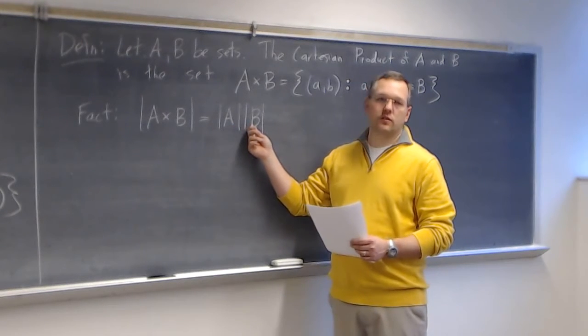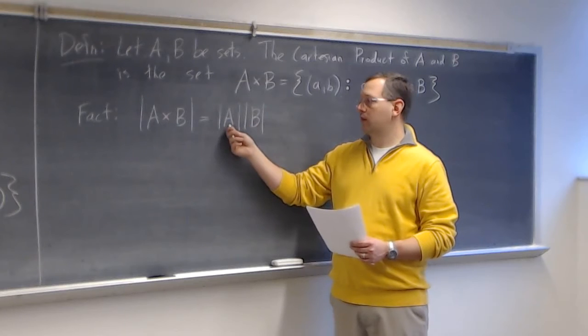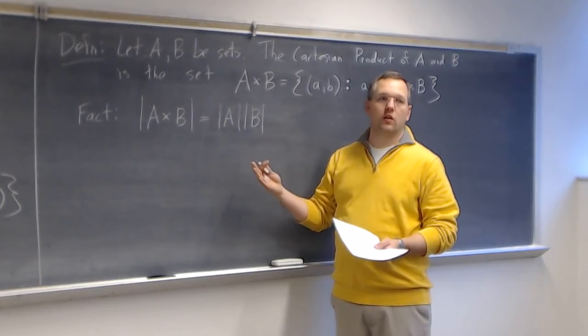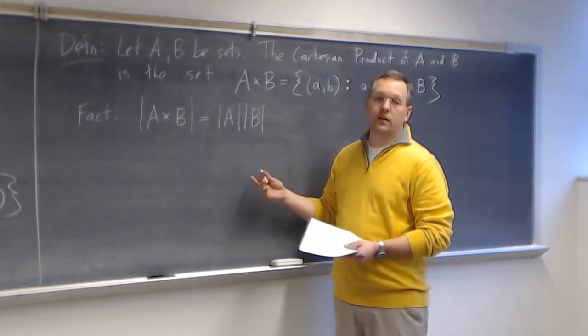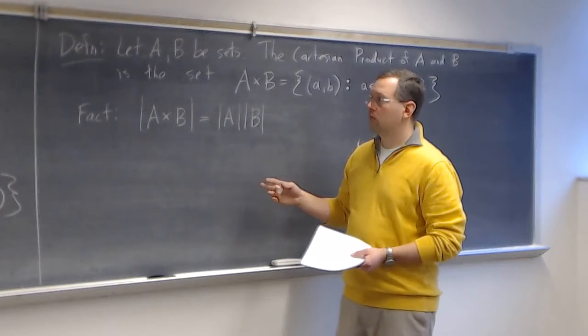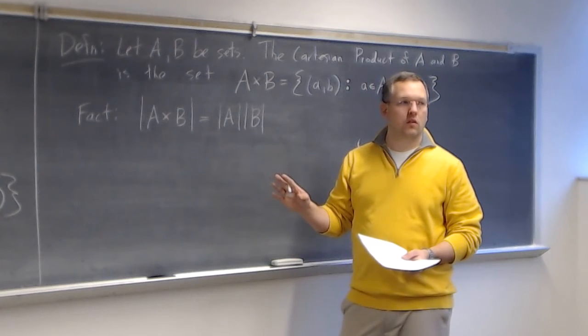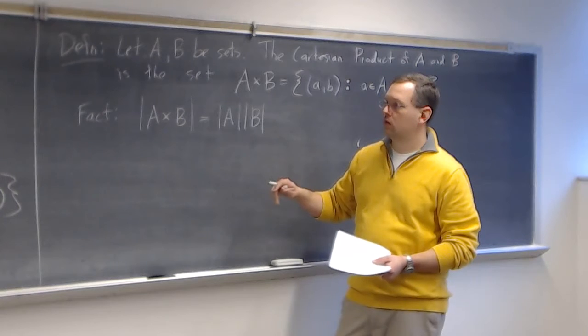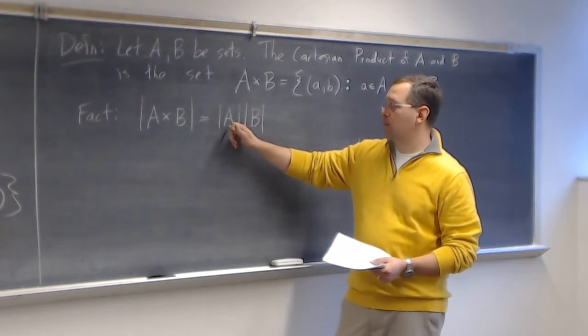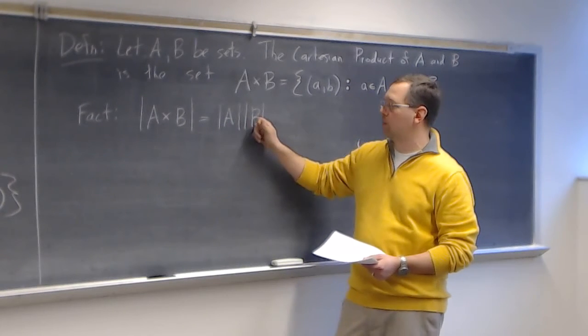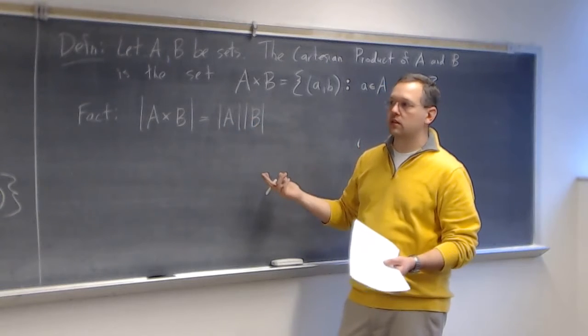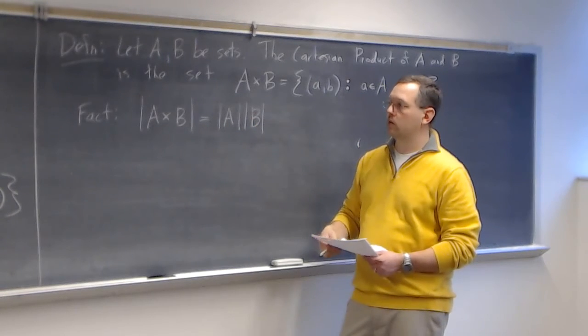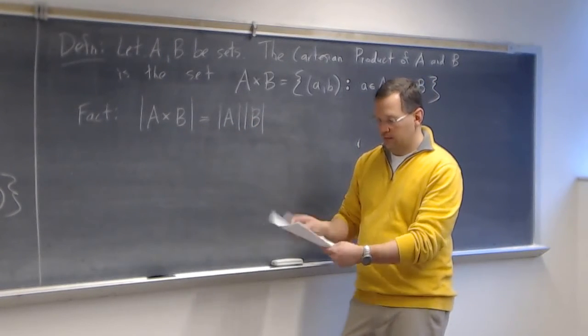You have this many choices for the second coordinate. You multiply this number times this number, and that gives you the number of possible ordered pairs you can make. Okay, make sense? That's why in the last example, we had 3 elements of A, 2 elements of B. That was 3 times 2, 6 possible ordered pairs we could put in this set.